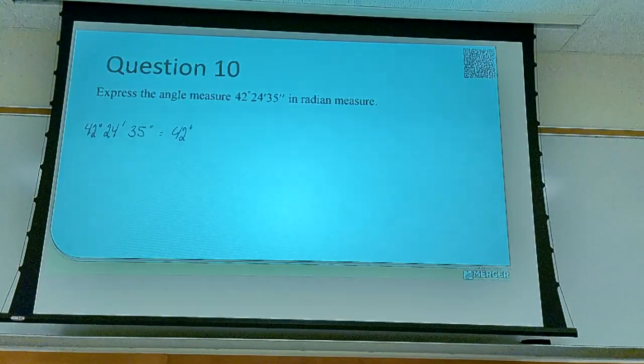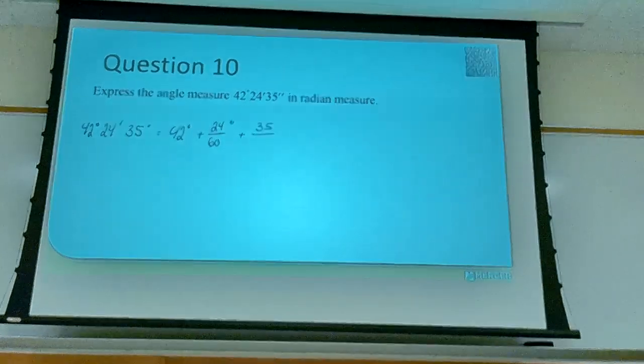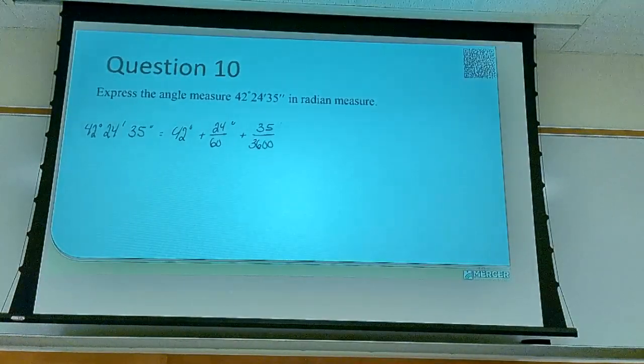Again, first thing you want to do is write this just in degrees. 24 arc minutes, 24/60ths of a degree, 35 arc seconds, 35/3600ths of a degree.